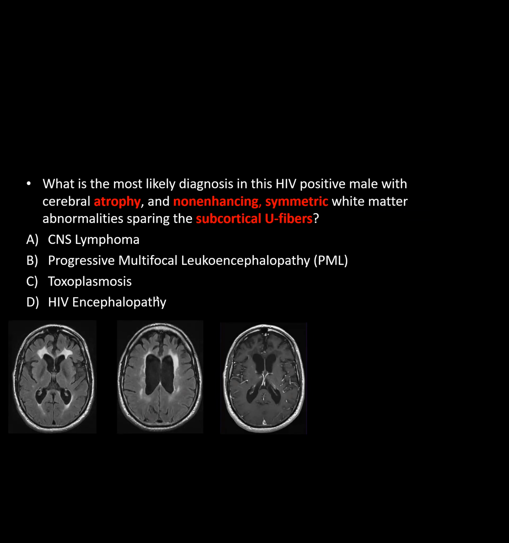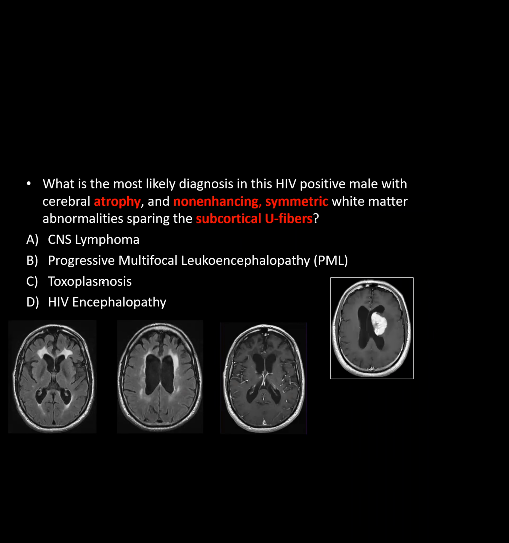And so I would probably think of HIV encephalopathy. Yeah. I think PML is usually more confluent with larger hyperintensities. Right. So PML, I'll get into this, but the distribution argues against PML for this case.